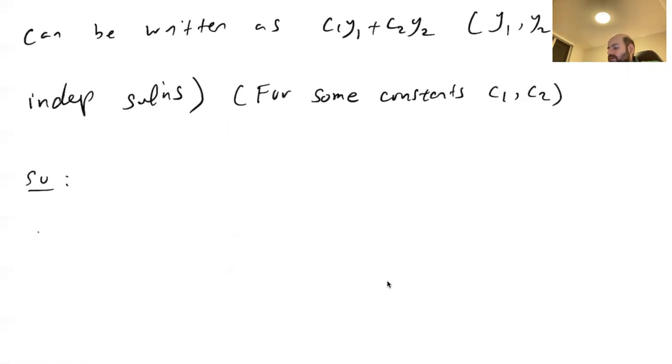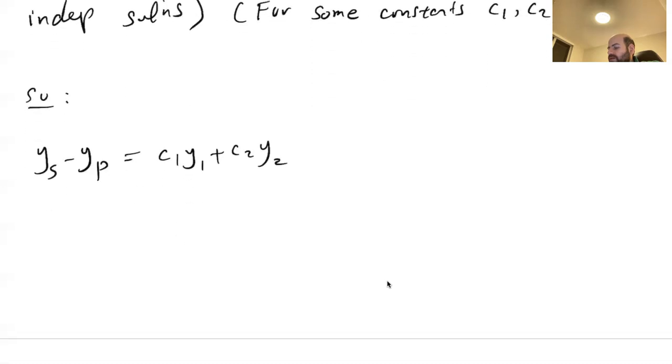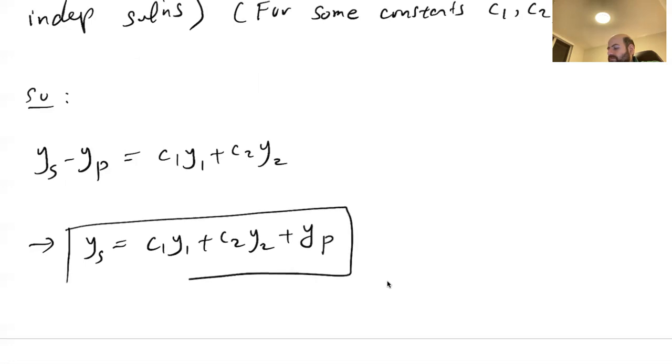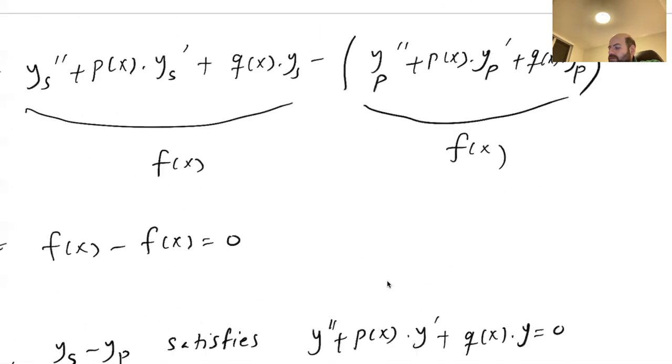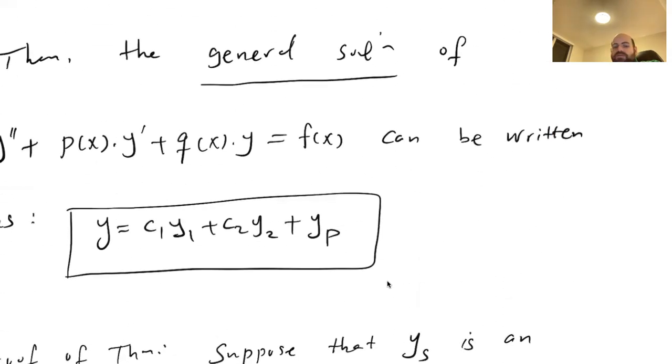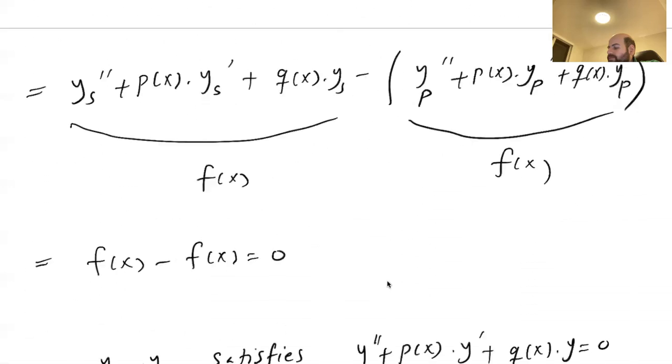So ys minus yp equals c1y1 plus c2y2, and then ys will be equal to c1y1 plus c2y2 plus yp. And that's what we wanted to show, that an arbitrary solution can be written of this form.